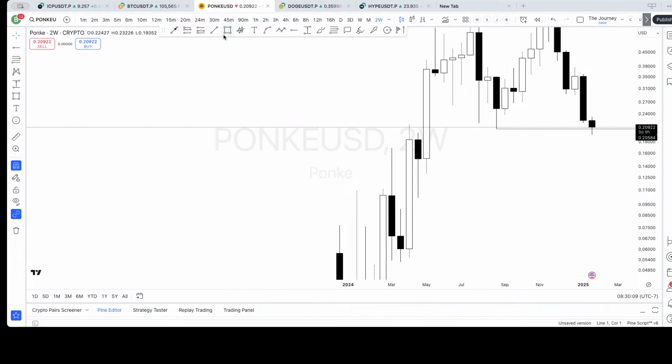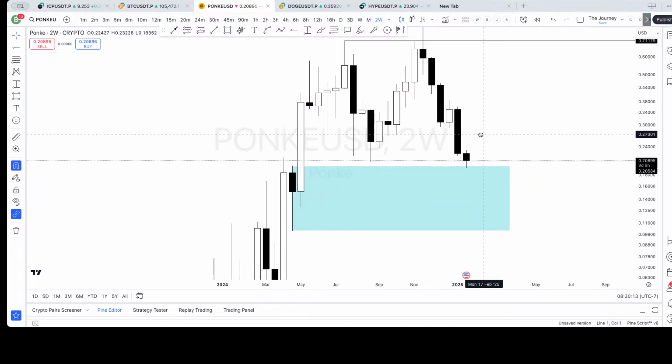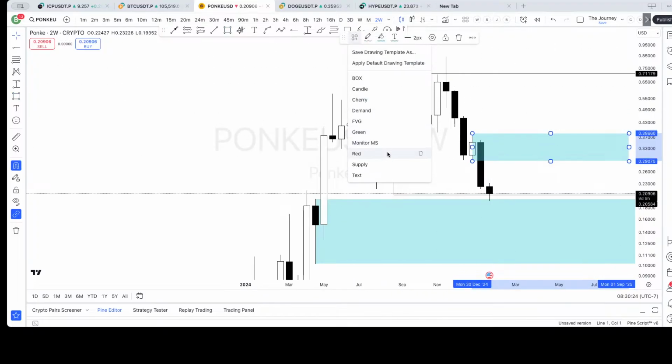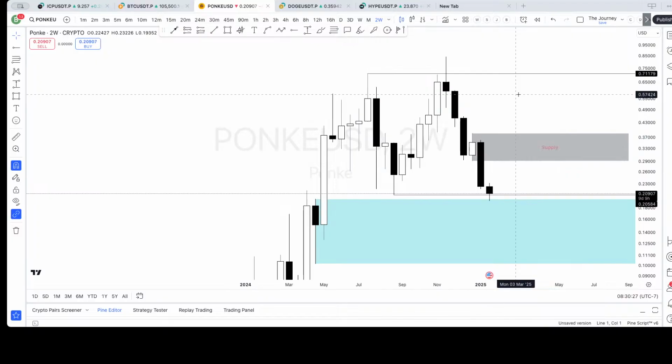Yeah, I had a feeling it was in there somewhere. You have a 2 week demand block that was right below that Lagrange low that we did mitigate. And you have a 2 week supply box right above you that will very likely provide a significant reaction. Okay, so we're here. This is good.